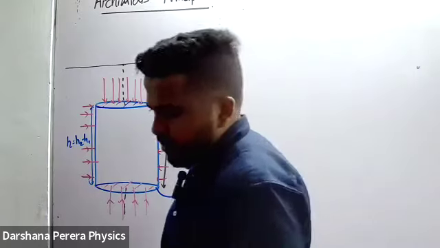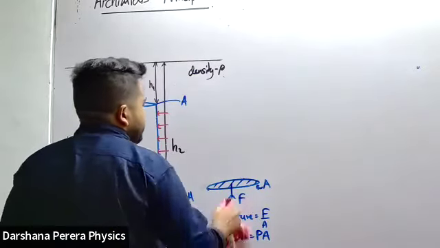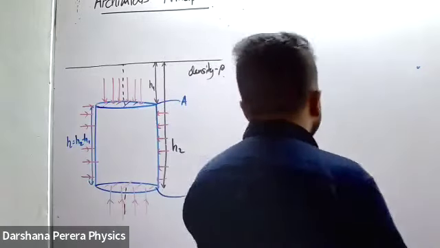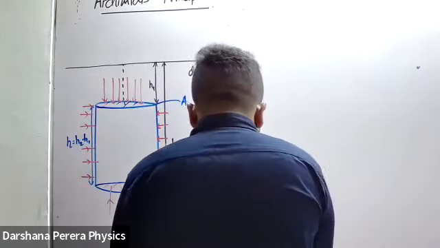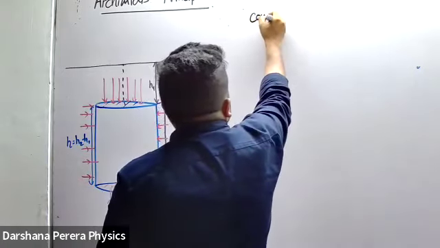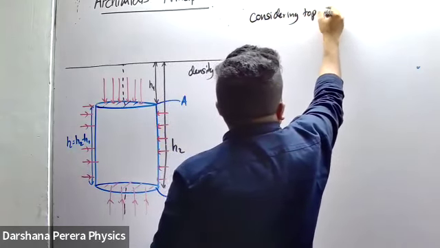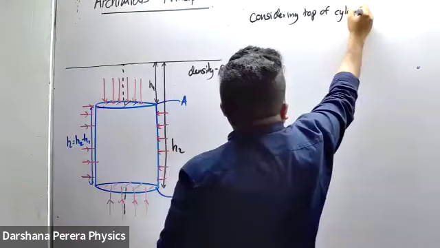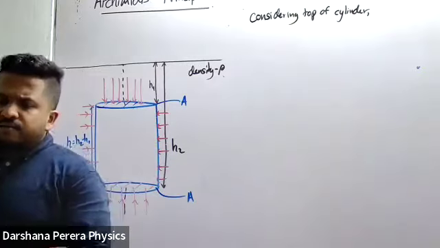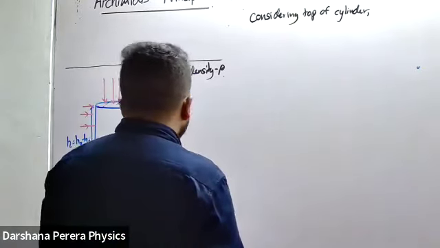Then write down, when considering the top of the cylinder, what is the pressure acting on that part?